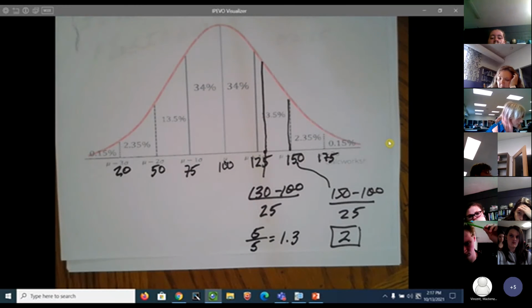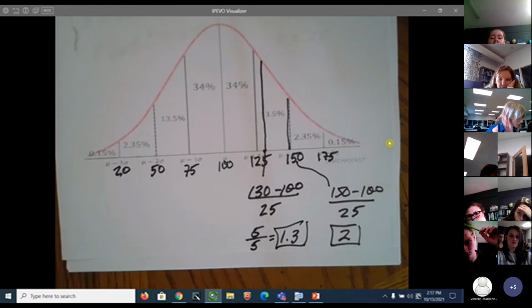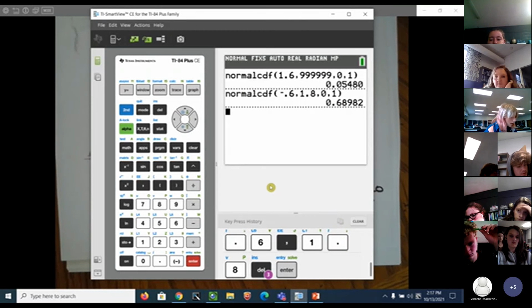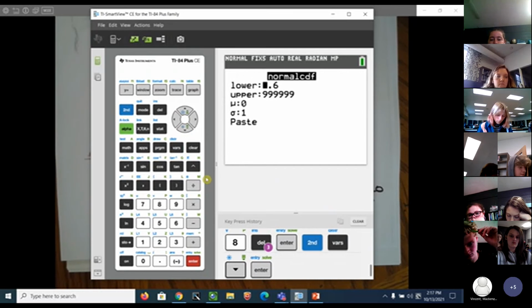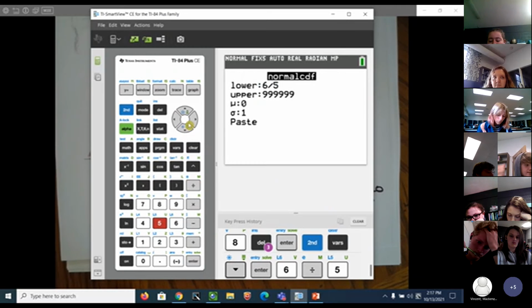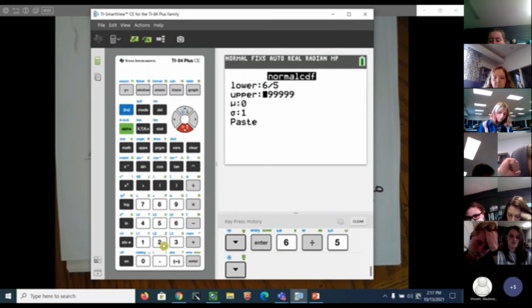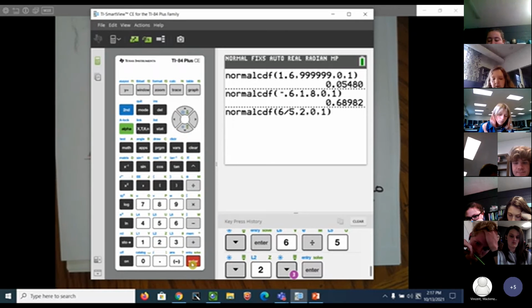And there's your z-scores. So now we take our calculator and go to second vars, down to normal CDF, and I'm just going to put in 6 divided by 5 and 2, and paste, and enter.